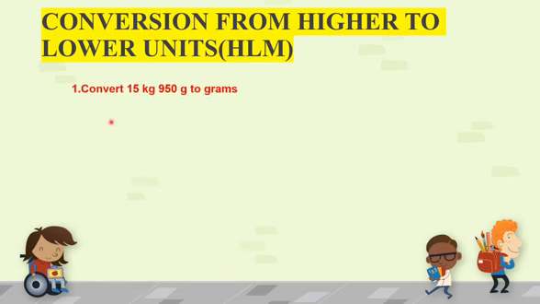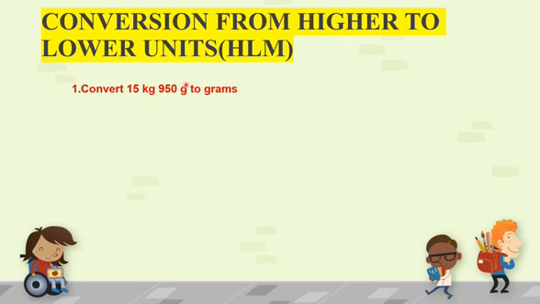The question is, convert 15 kg 950 gram to grams. First we have to understand the question properly. What conversion is asked? Whether higher to lower or lower to higher. Since the question already mentions that the conversion is from higher to lower, you are clear that we have to multiply.